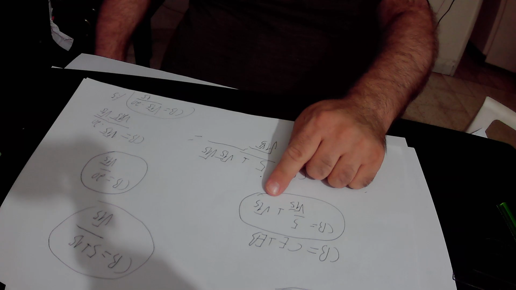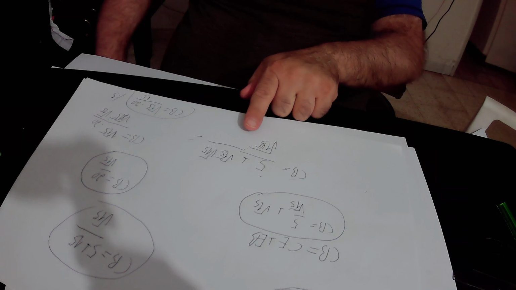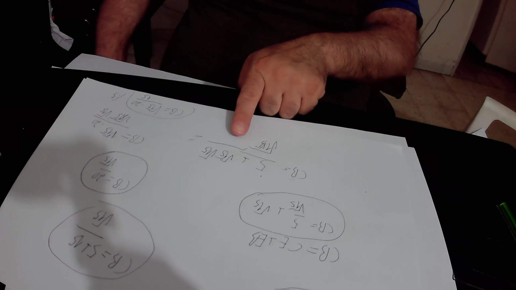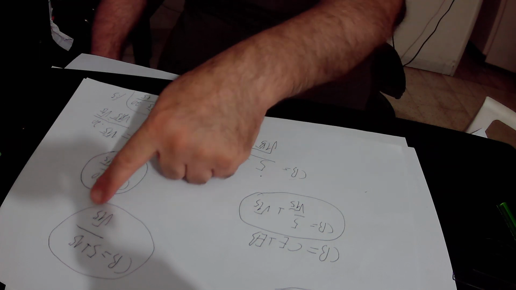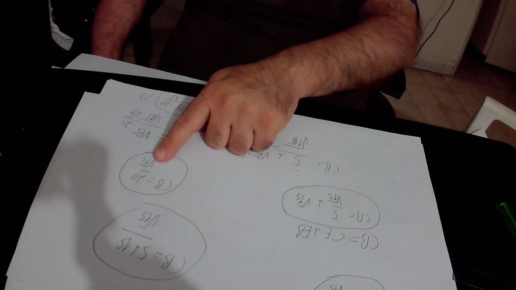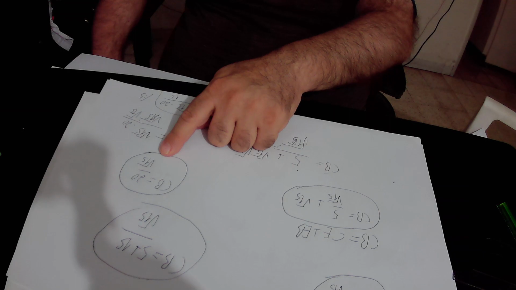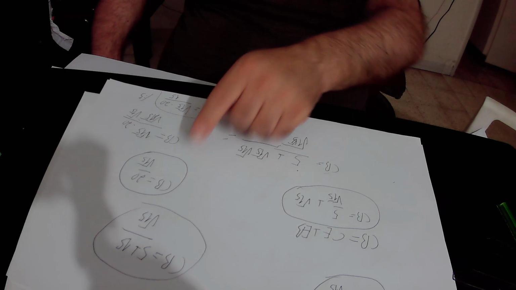We change nothing when we multiply anything by 1, so it is allowable. And here we have 5 plus the square root of 15 times the square root of 15, which is 15. So we have 5 plus 15 over the square root of 15. 5 plus 15 is 20 over the square root of 15. So we found out that CB equals 20 over the square root of 15.